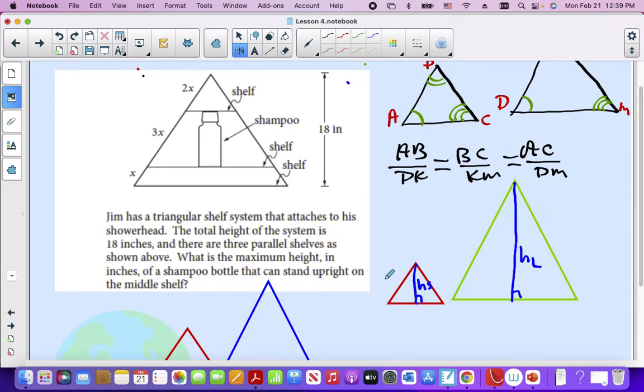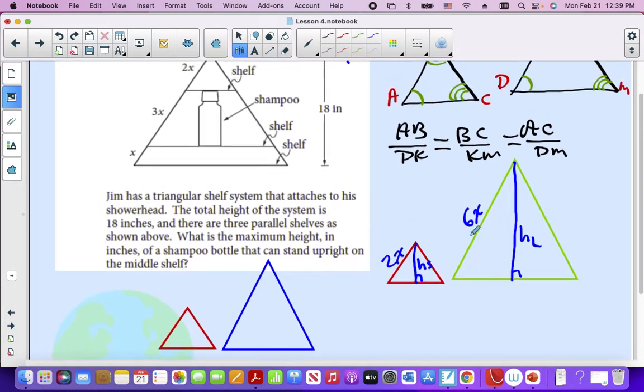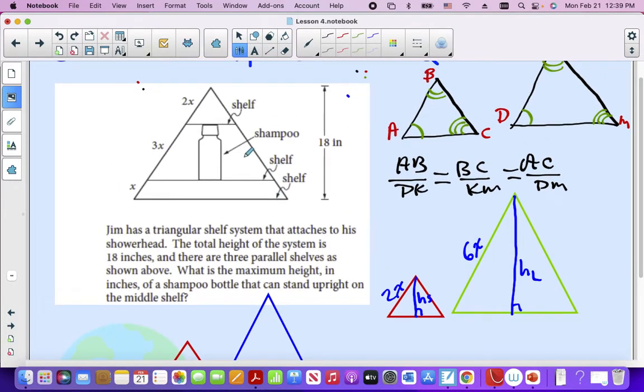The small side is 2x, and if we add 2x plus 3x plus x, that is 6x. As we said, these are similar because he told me this line is parallel to this. So this angle and this angle are equal by correspondence, and this angle and this angle are equal by correspondence, and this is a common angle. So the small and the large triangles are similar.